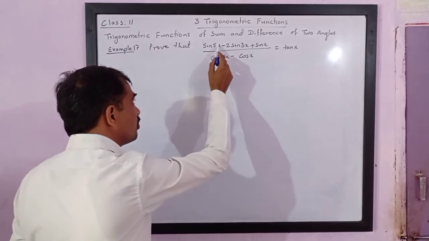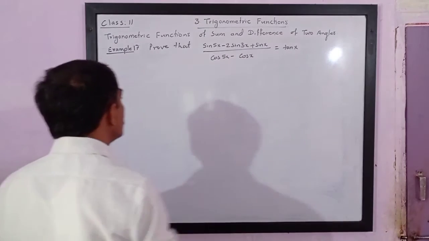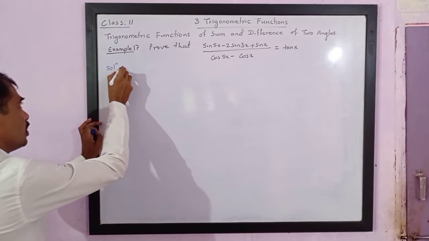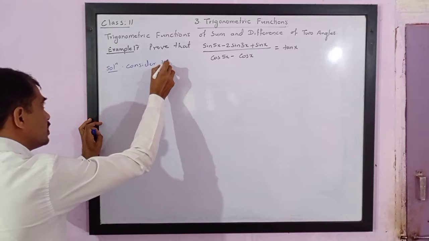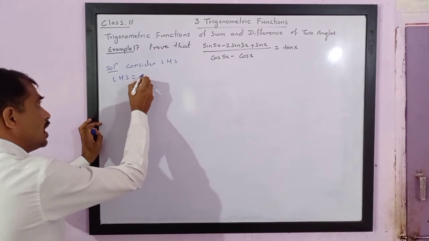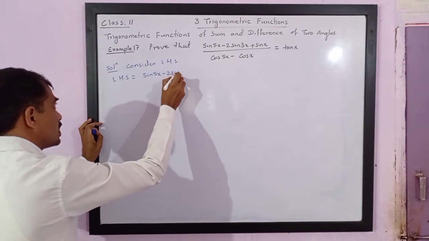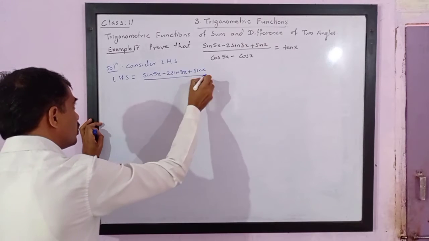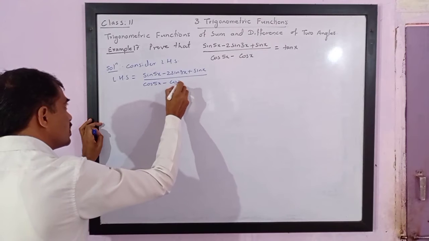Please note, by looking at the angles we are going to rearrange the terms. So the solution for this: consider LHS. LHS is equal to (sin 5x - 2 sin 3x + sin x) upon (cos 5x - cos x).